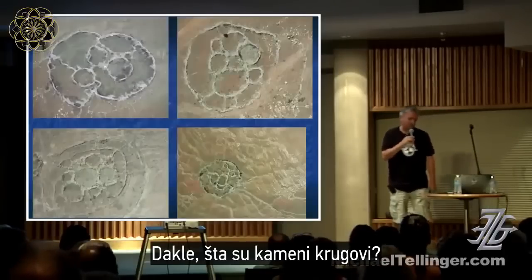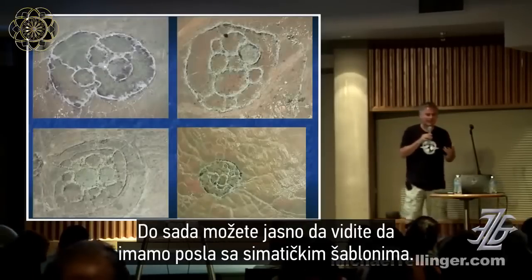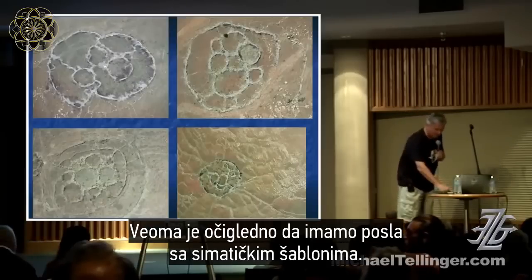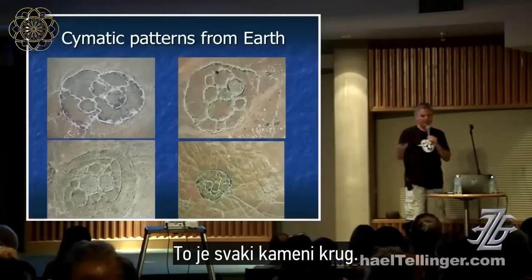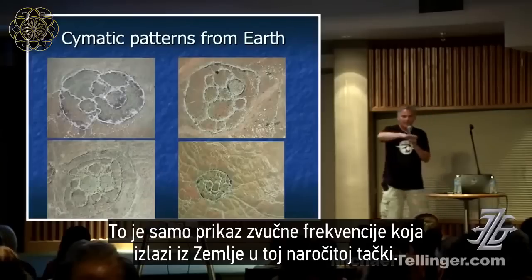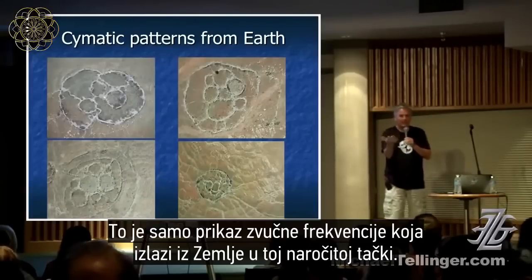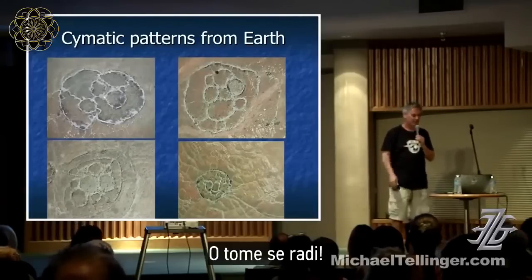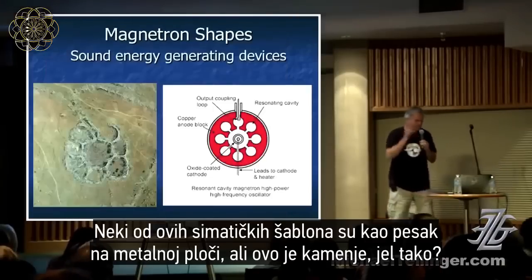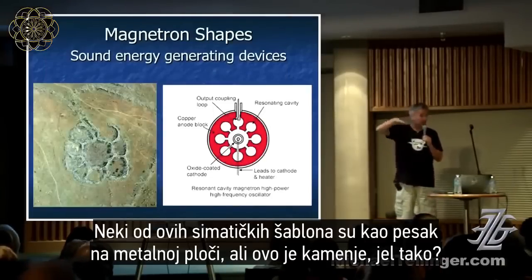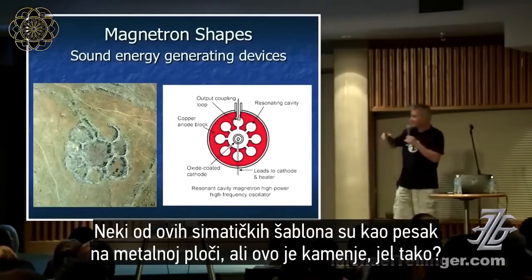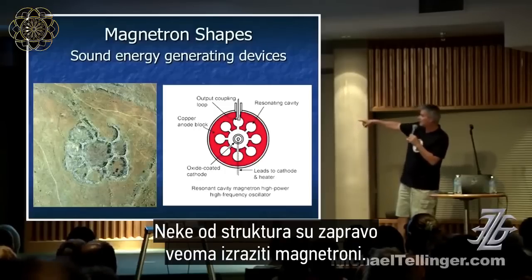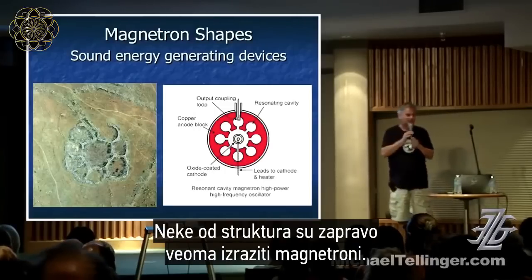So what are the stone circles all about? By now you can see that clearly we're dealing with cymatic patterns. Very obvious we're dealing with cymatic patterns. That's what every stone circle is. It's just a representation of the sound frequency that comes out of the earth at that specific point. That's what this is all about. And some of these cymatic, like sand on a metal plate, but now these are stones, right? Some of the structures are actually very distinct magnetrons.